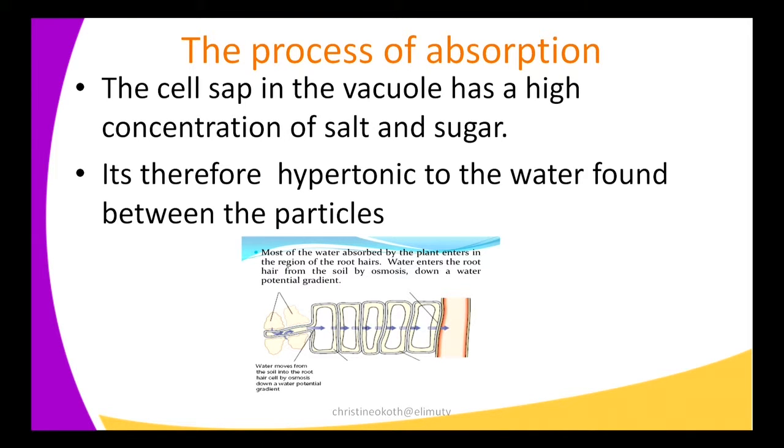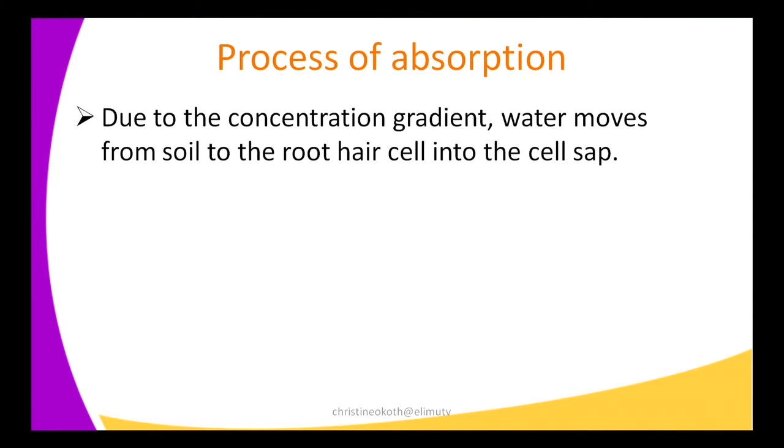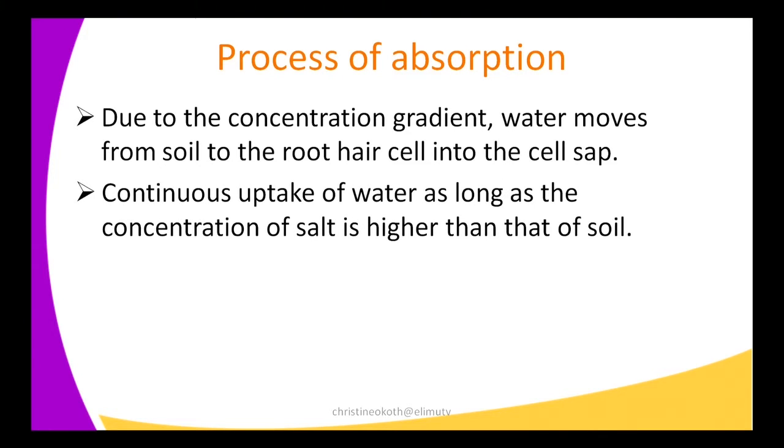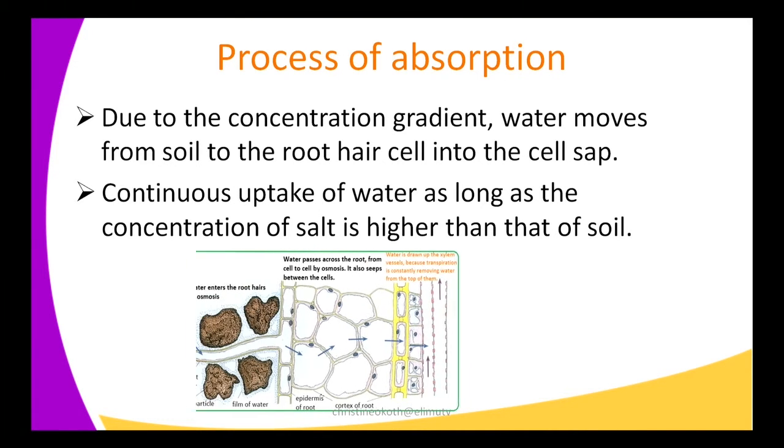So it continues from the first cell to the second cell, all through the process of osmosis, because there's a difference in the concentration gradient. Now, due to the concentration gradient, that is the difference of the gradients, the water will move from the soil to the root hair into the cell sap.